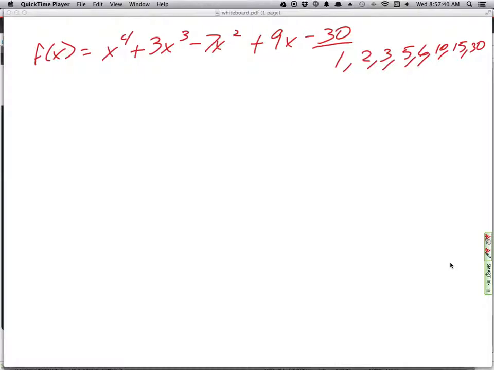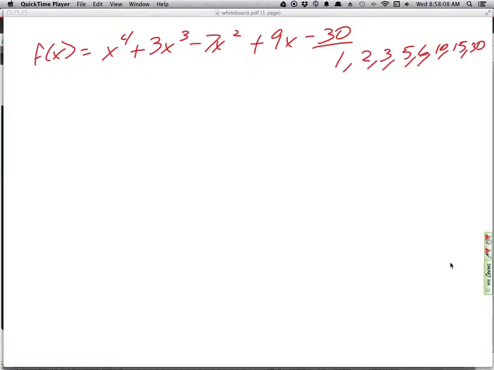So, what can I do to figure out which one of those numbers work? I can plug them in, but that's going to take me a while. What can I do that might be a little bit quicker? Synthetic division. Right, but how can synthetic division tell me whether or not they're factors?